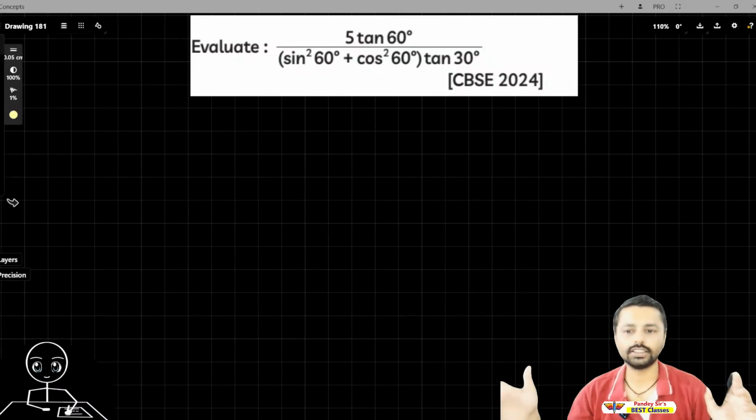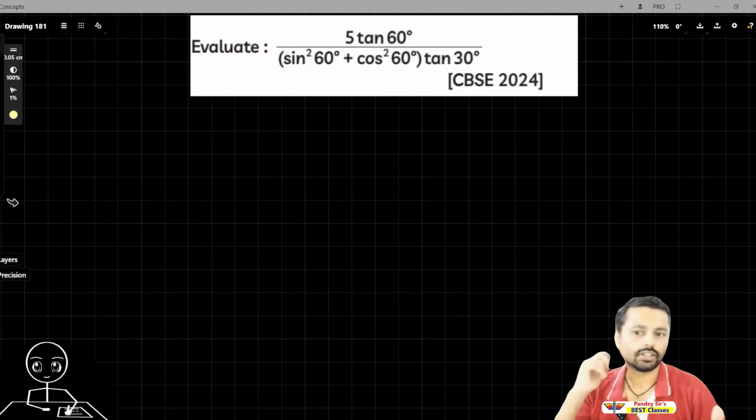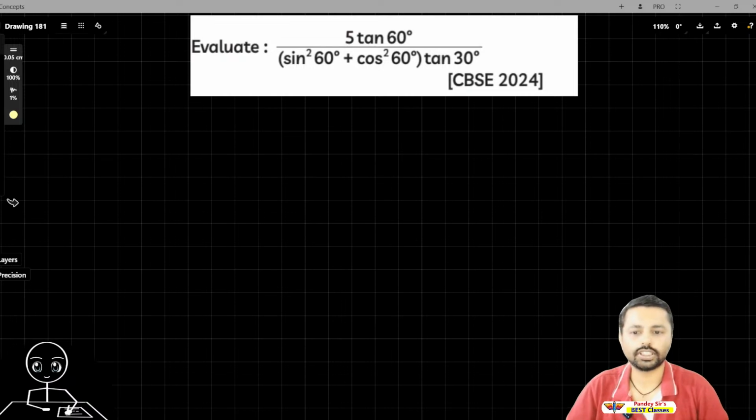What is sin 60? By the way, sin square theta plus cos square theta is 1, so we don't need it. But still, if you ask, sin 60 is root 3 by 2. What is tan 30? It is 1 by root 3.